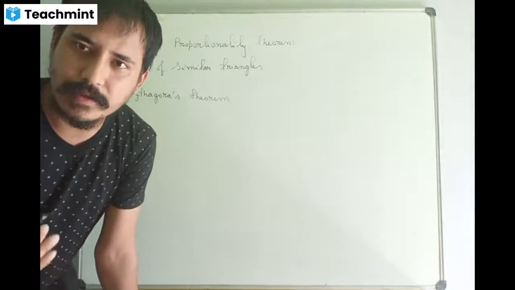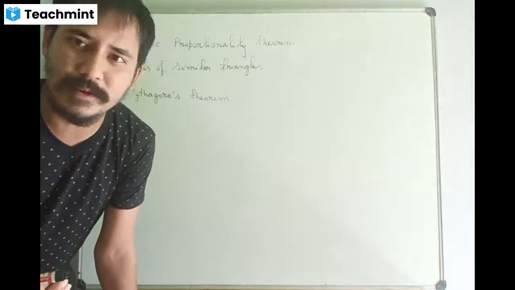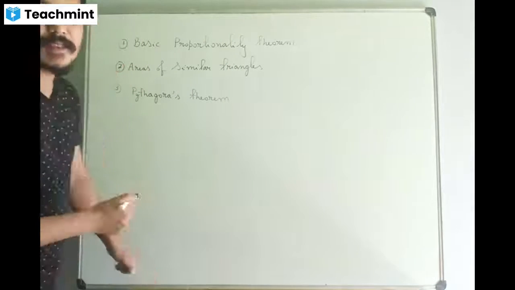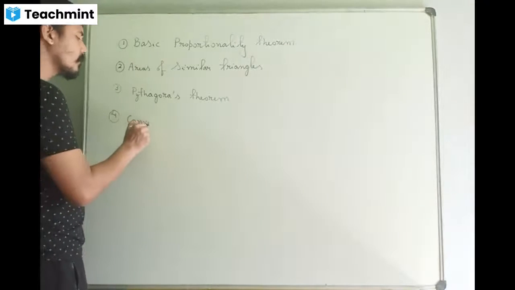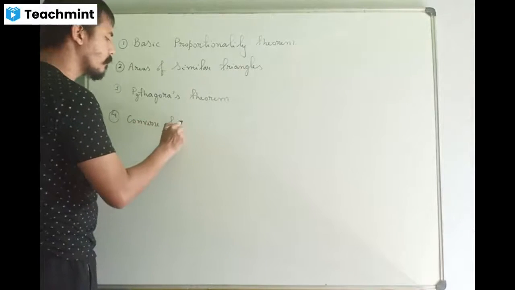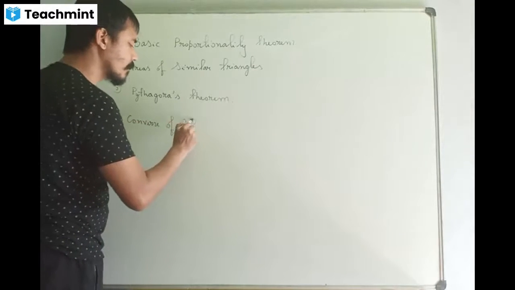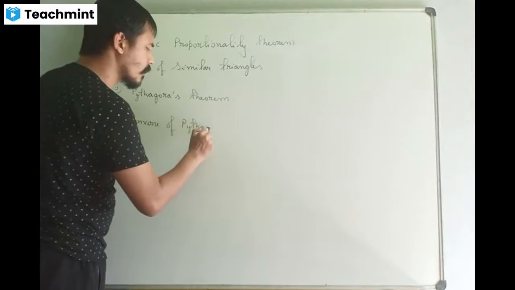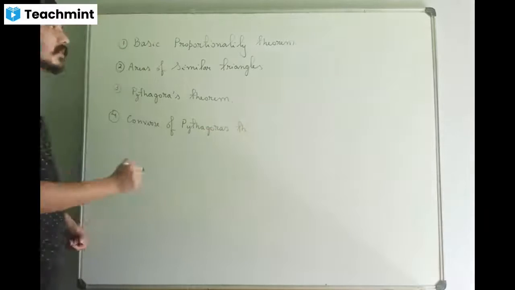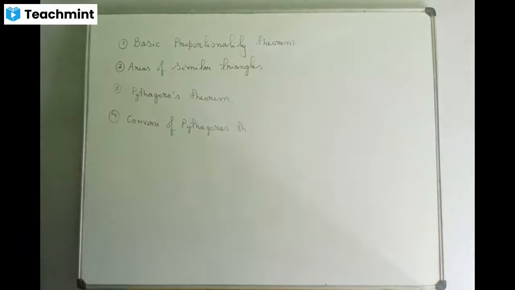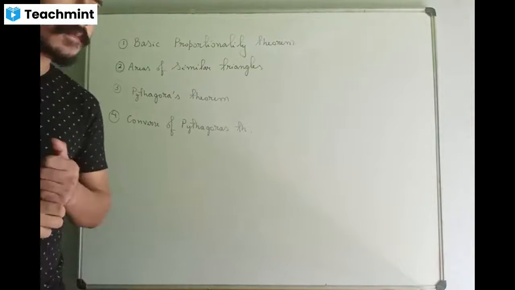We are going to learn that very soon. And the fourth one is the converse of Pythagoras theorem. So these are the 4 theorems that we are going to learn in this chapter.